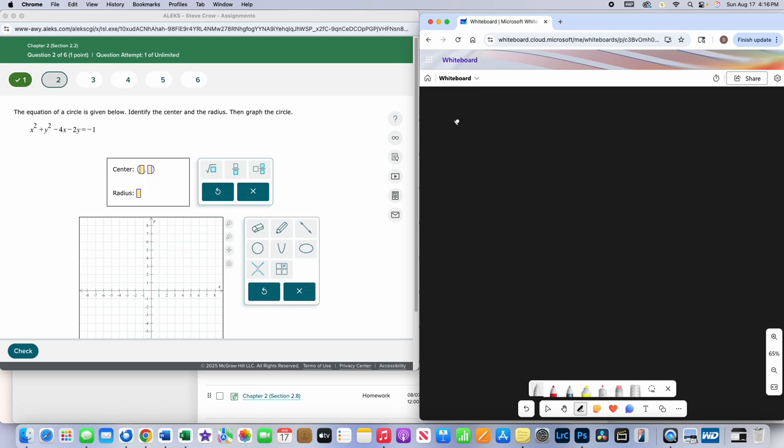So we've got x² - 4x, and let's put that in parentheses, plus y² - 2y, and let's leave a little space there, equals -1.